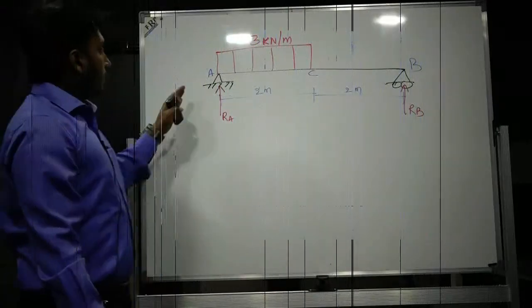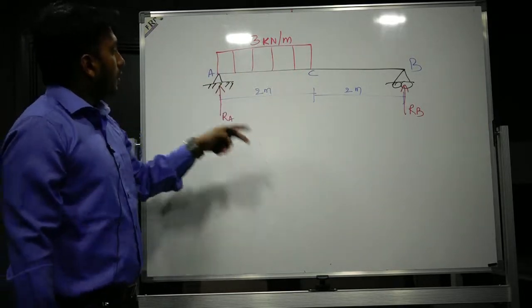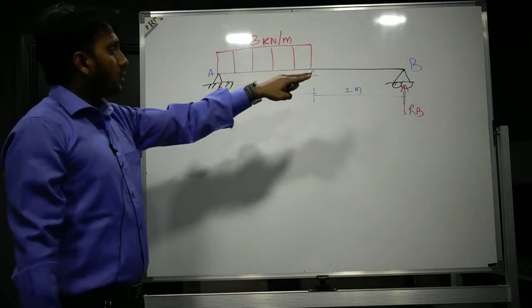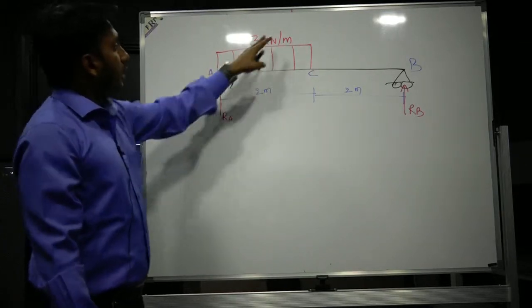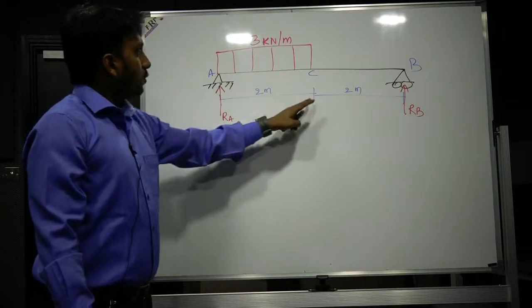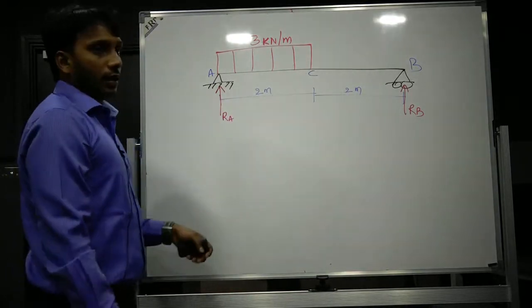If you see now, we have a beam A, B, which has a fixed support here and a roller support there. The load acting on this beam is 3 kilonewton per meter over 2 meters, and then 2 meters more. The reactions are RA and RB.